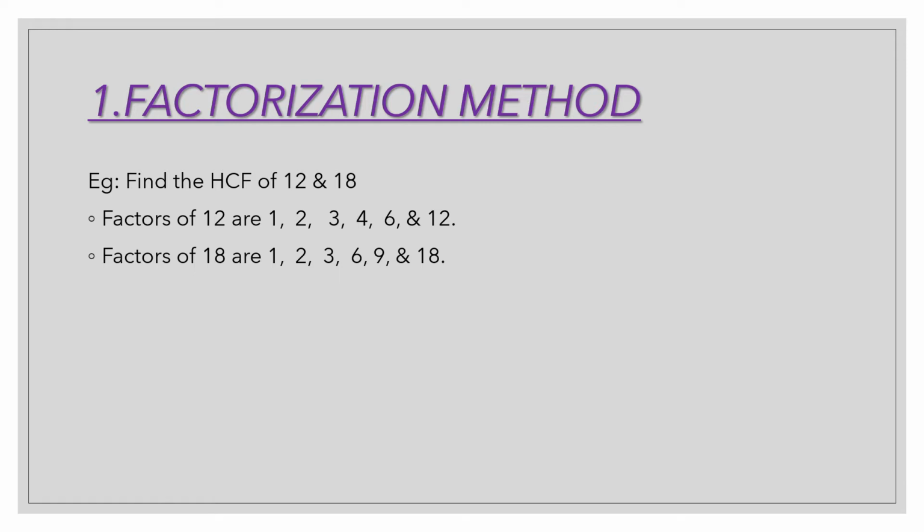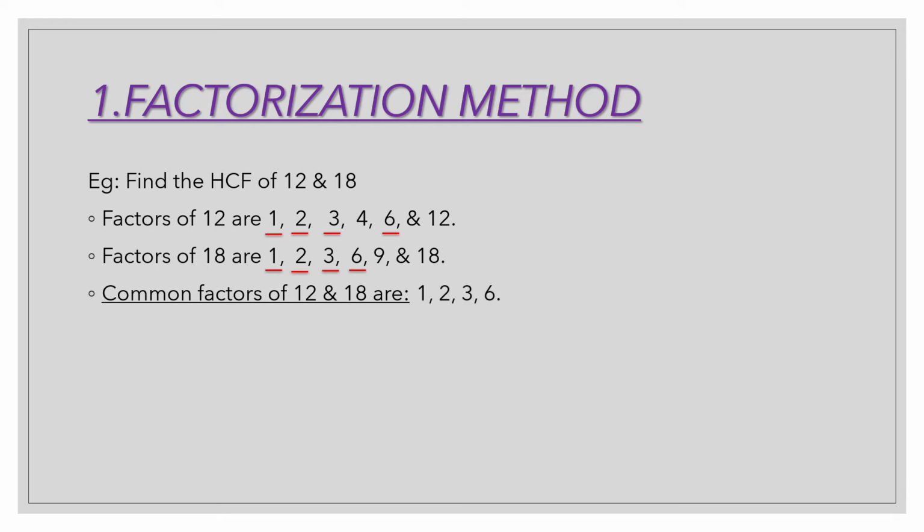Now here we have to take the next step, that is common factors of 12 and 18. Now what are the common factors of 12 and 18? 1 is common in both 12 and 18. 2 is common in both. 3 is common in both, and 6 is also common in 12 and 18.